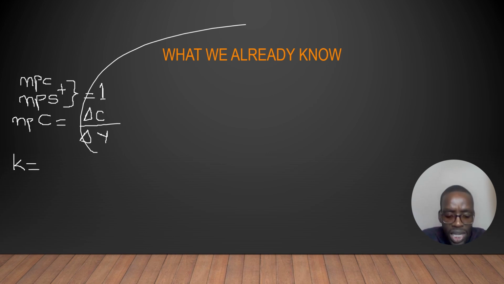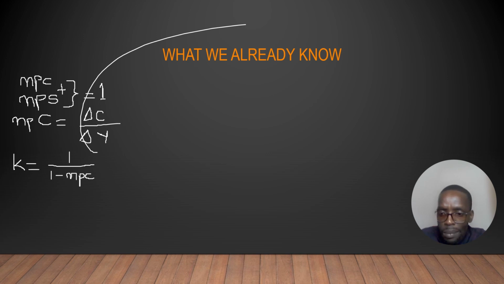Okay, so in this case, our formula for the multiplier K is going to be 1 over 1 minus MPC. So it means the formula for calculating our multiplier is going to be 1 over 1 minus MPC.